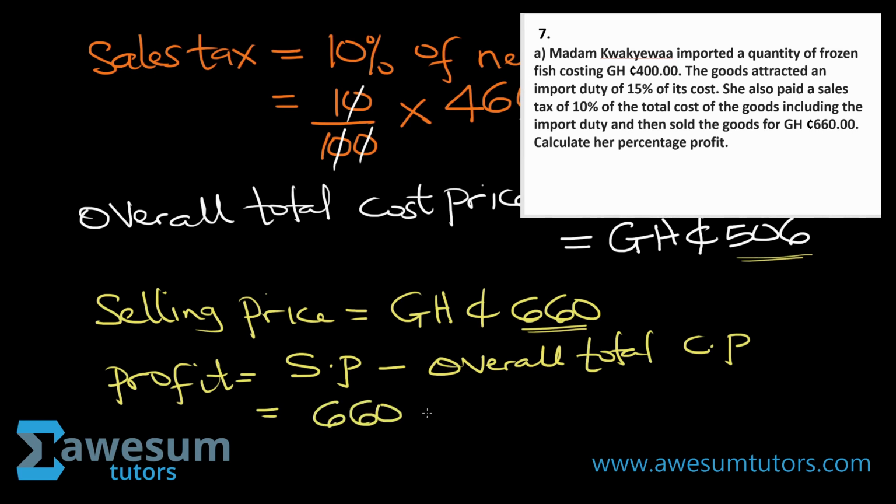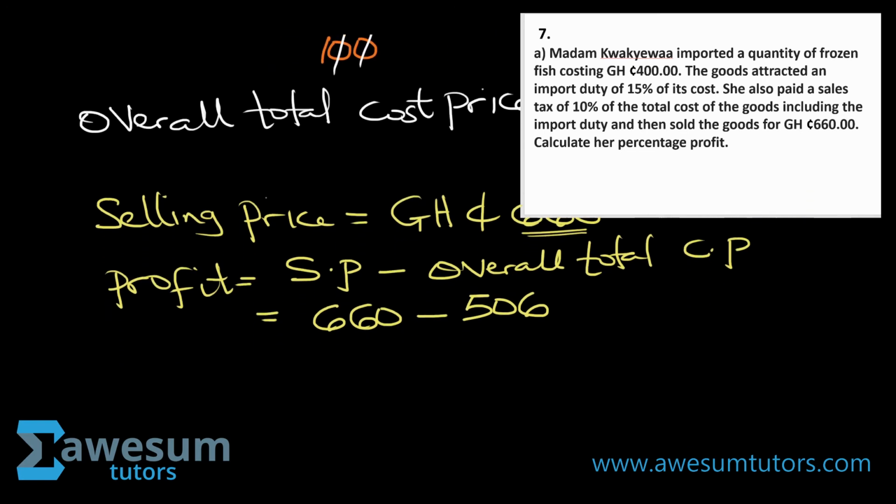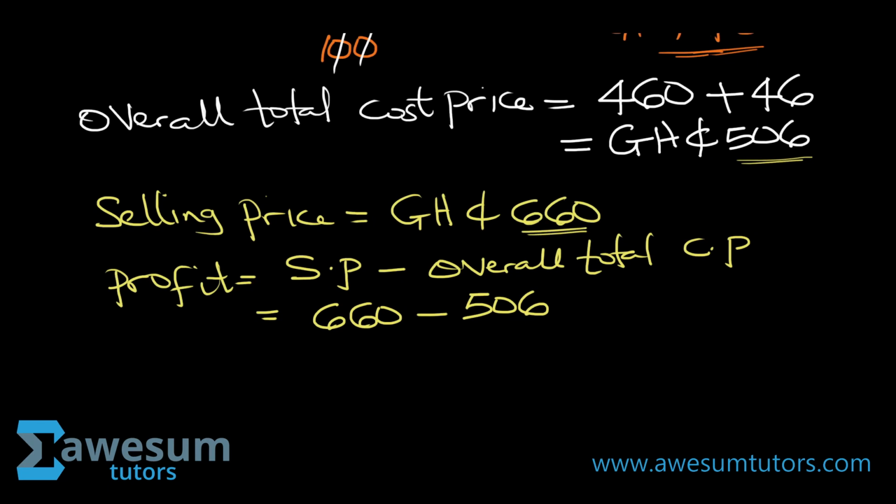She sold for 660, and she spent overall 506. So that means our profit right now is going to be 154 Ghana cedis. Very good. So now she got this profit of 154 Ghana cedis.